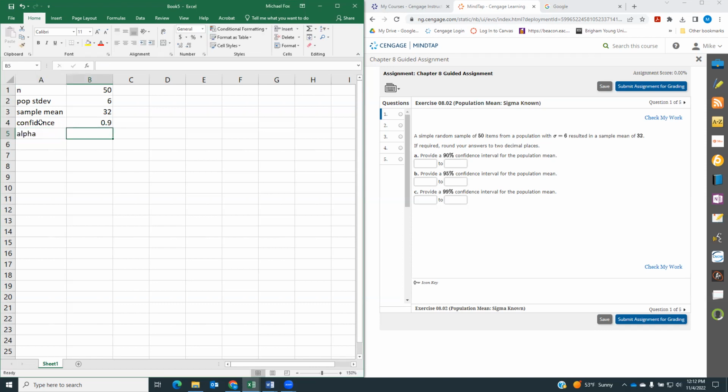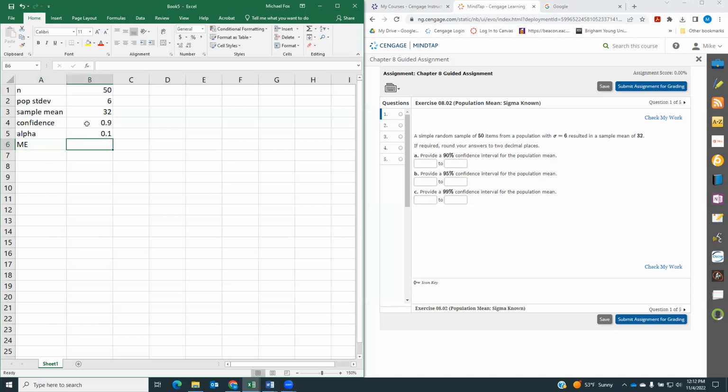And the alpha is always just 1 minus the confidence level. So if confidence level is 0.9, alpha will be 0.1. If confidence level is 0.95, then alpha will be 0.05. So it's always just 1 minus the confidence level. And once I have this information, I can calculate my margin of error.